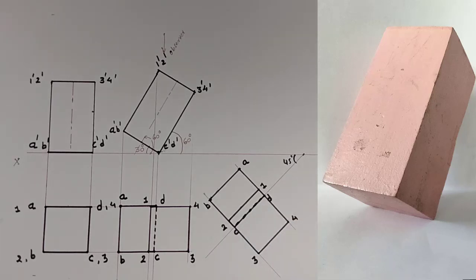Now, as per the problem statement, we arranged our plan. The side of the base which is on HP is inclined to VP at 45 degrees, and the upper base 1, 2, 3, 4 is nearer to the observer.